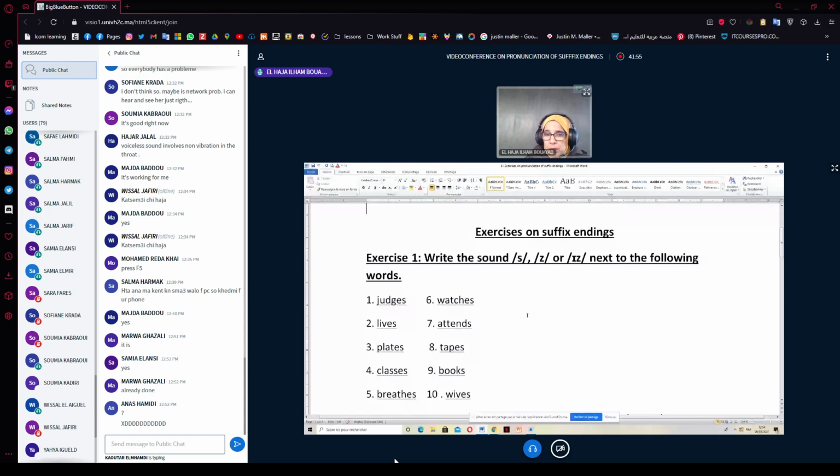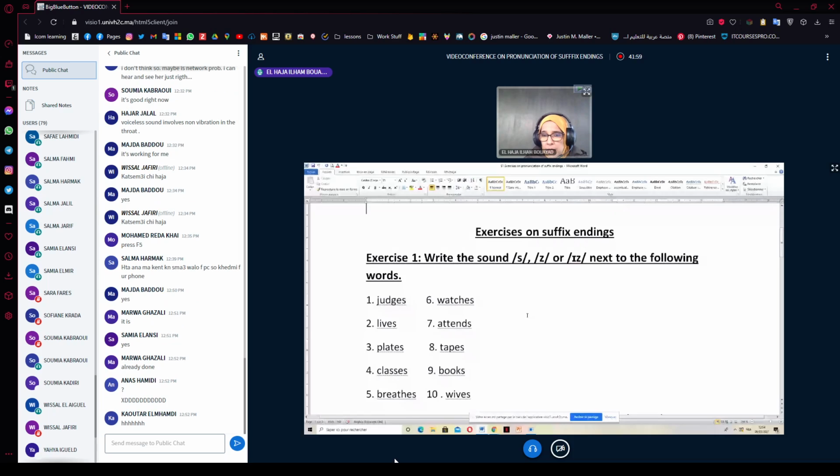Write the sound s, z, or iz next to the following words, which means these are the three pronunciations, allophones or allomorphs, of the s of the plural or third person singular or genitive or contraction.